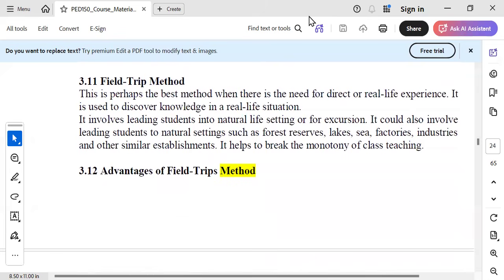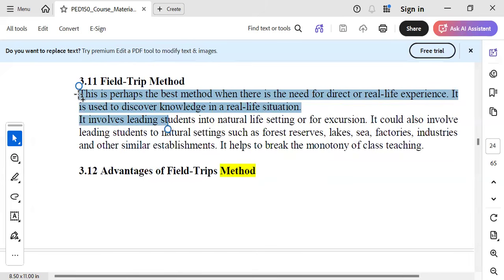Now we have another one which we call the field trip method. This one seems to be more technical and practical. This is perhaps the best method when there is the need for direct or real life experience. It is used to discover knowledge in a real life situation.